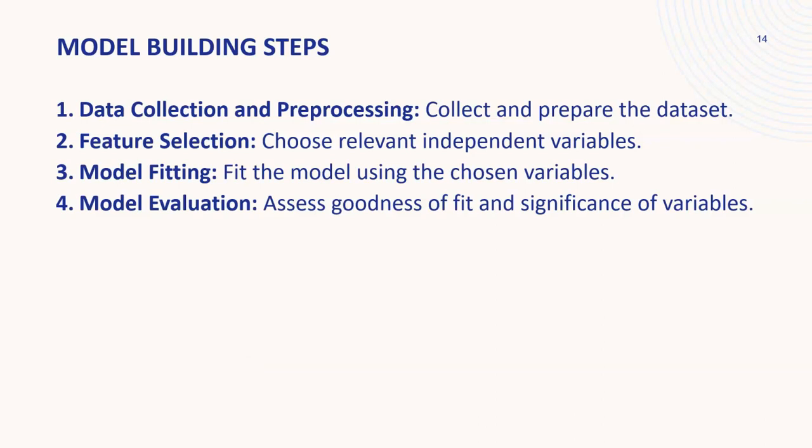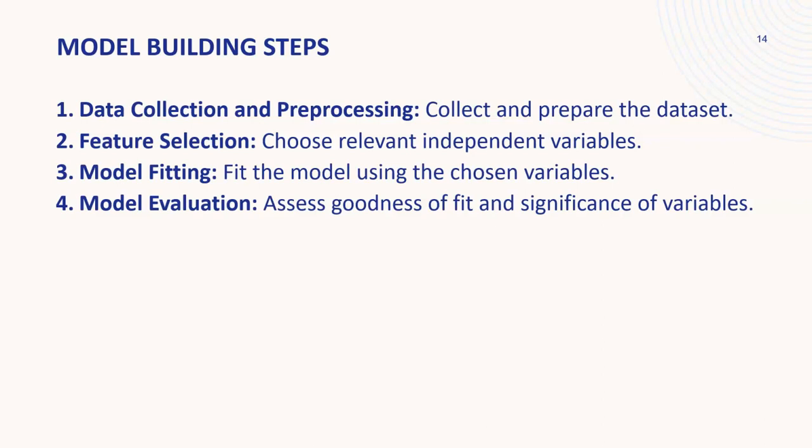Now, the different steps that we are going to follow to build our linear regression model are: first, we will collect the data and prepare our data, that is, we have to manipulate and pre-process our data to prepare a data set which is suitable for linear regression. Then the relevant or significant independent variables should be chosen, which are going to create a significant impact on our dependent variable.